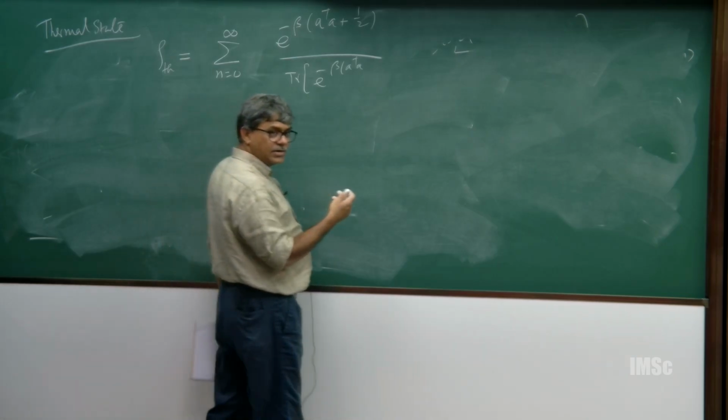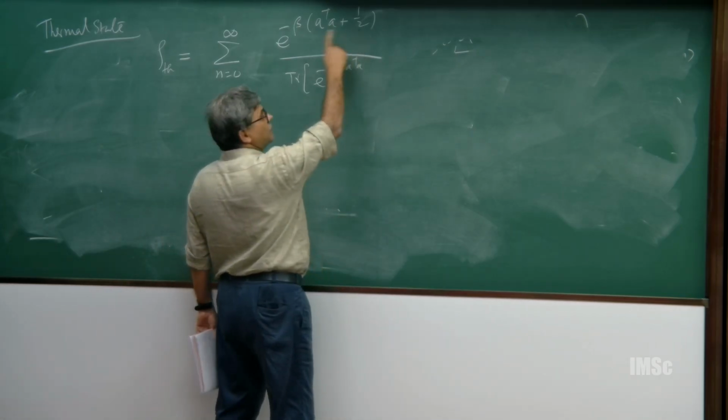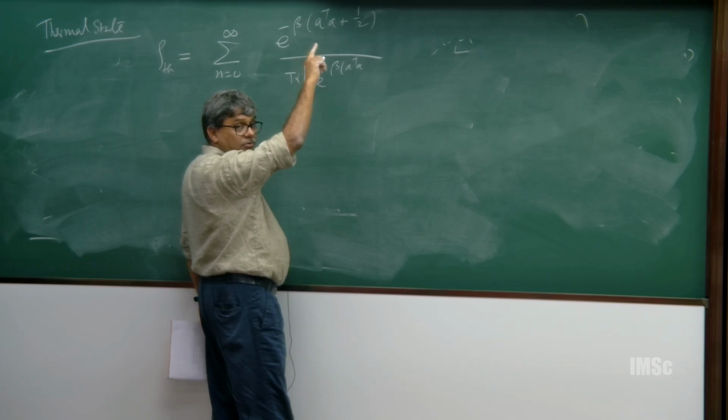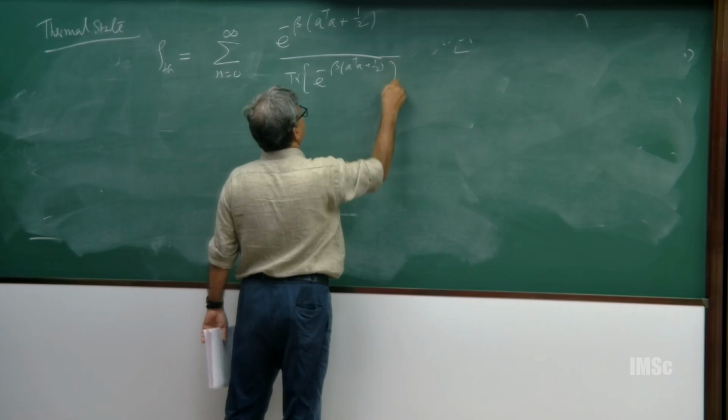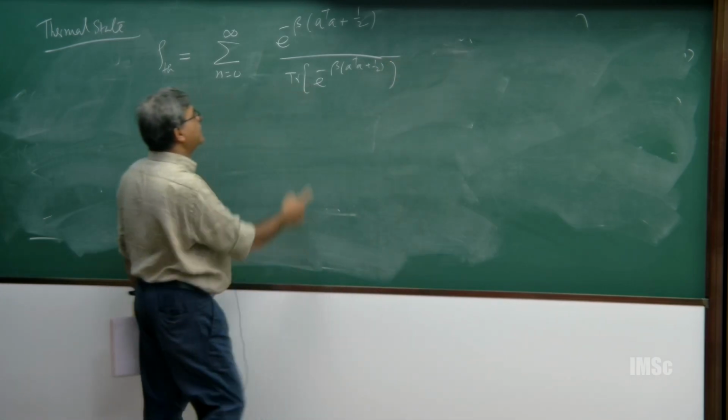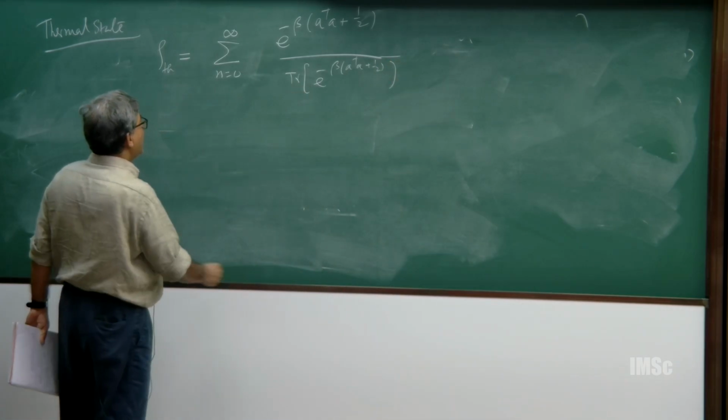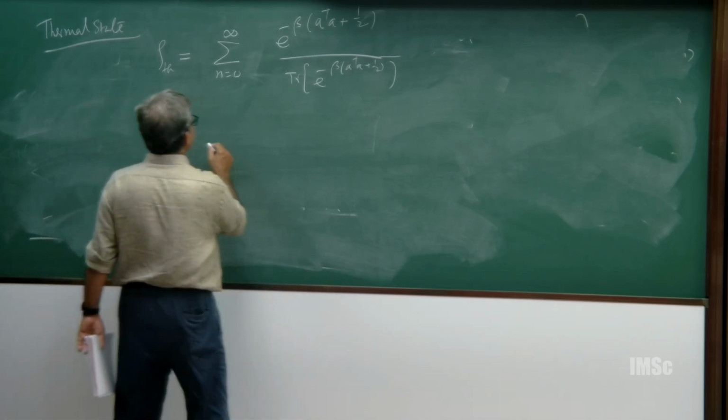This is half, right, because half is the vacuum energy. So, plus half, where beta is the inverse temperature.